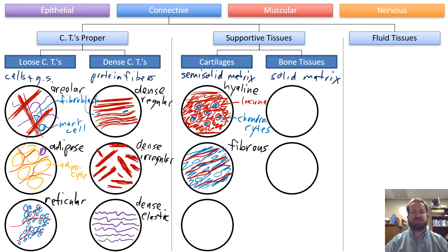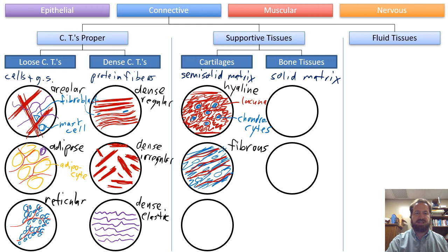So fibrous cartilage is found in places where you need more sturdiness and strength. The meniscus of the knee, the intervertebral discs, the pubic symphysis, places that have a lot of impact to them where you need a very sturdy cartilage.